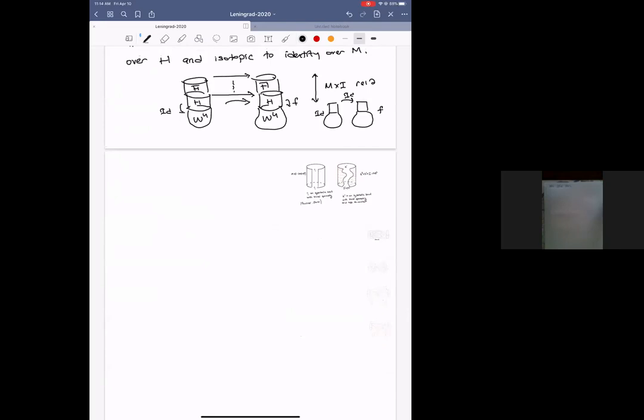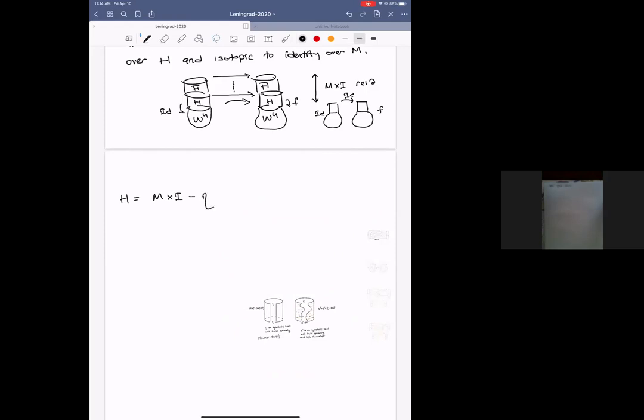And then maybe in the last one or two minutes, I'm going to tell you how we construct H. H is here really. You start with M cross I, the boundary three manifold.